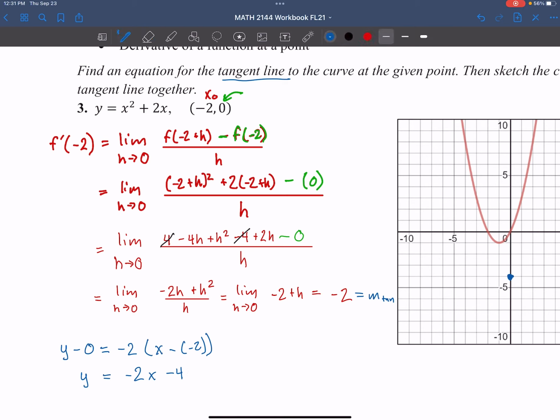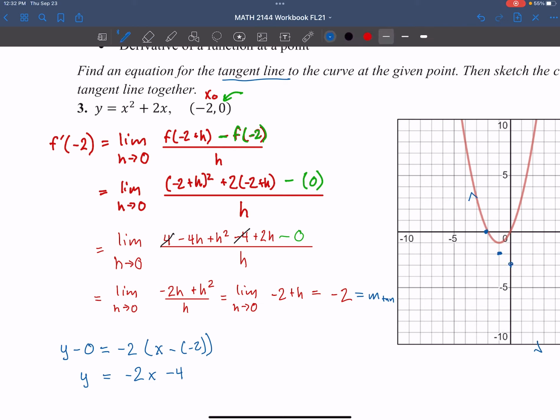Then go 2 down and 1 to the right, or you can go the other direction. I'm just getting us enough points there. But you can see right here, we do have this tangent line through said points. Oh, hold on, I missed that a little bit.